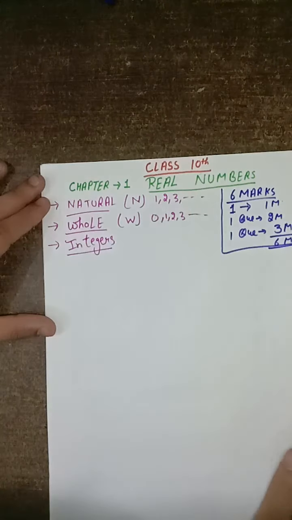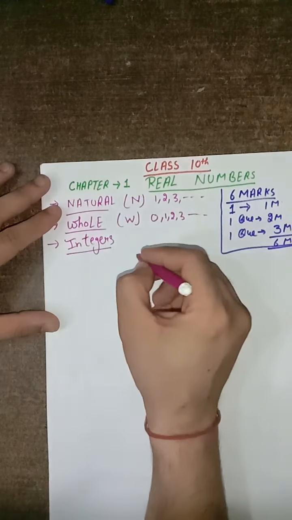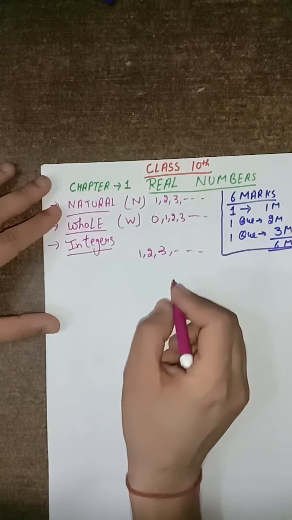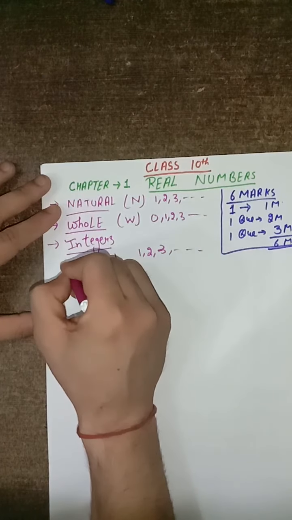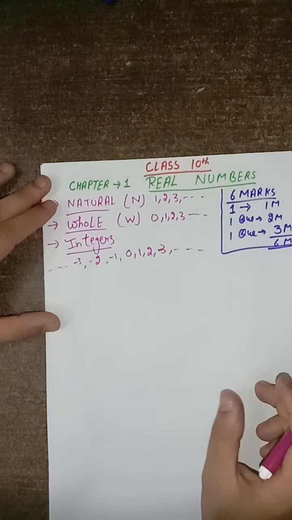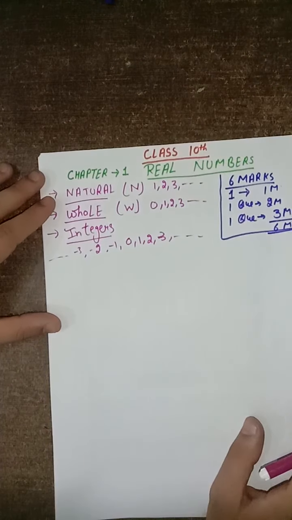There are two types of integers, that is positive integers and negative integers. So all natural numbers and negatives of natural numbers along with 0 are known as integers. These are the positive integers and these are the negative integers.